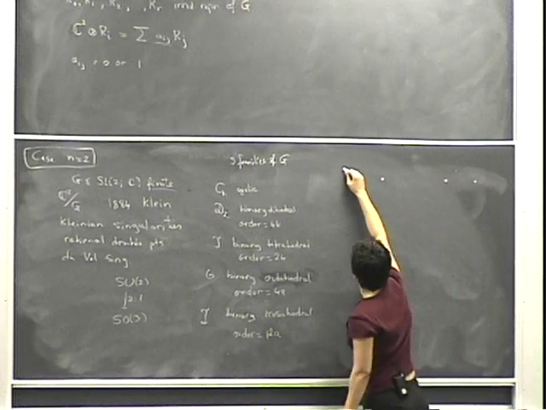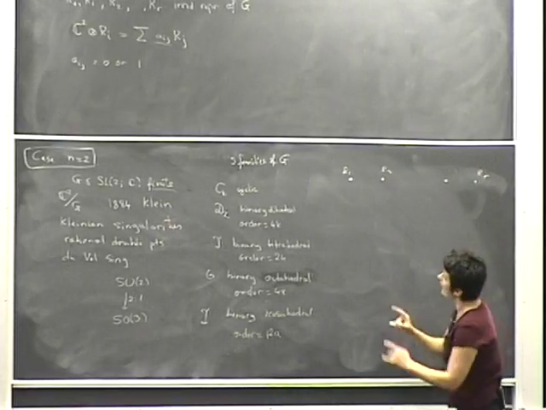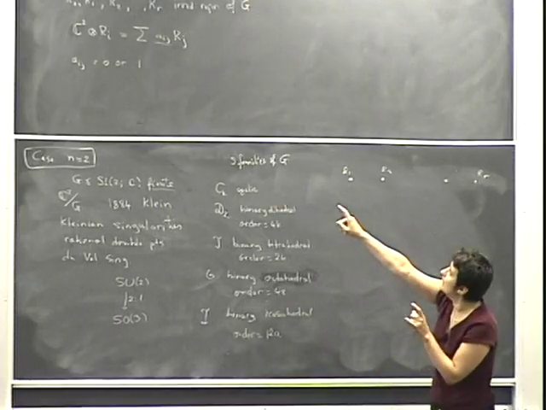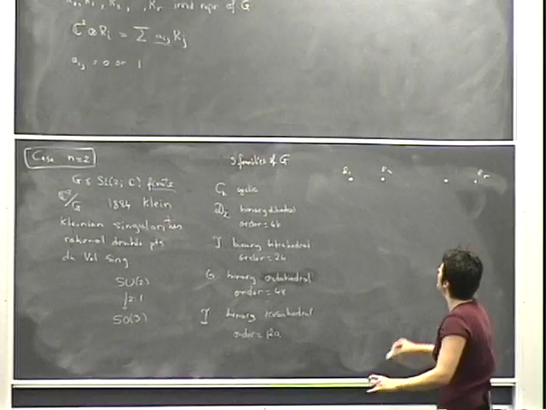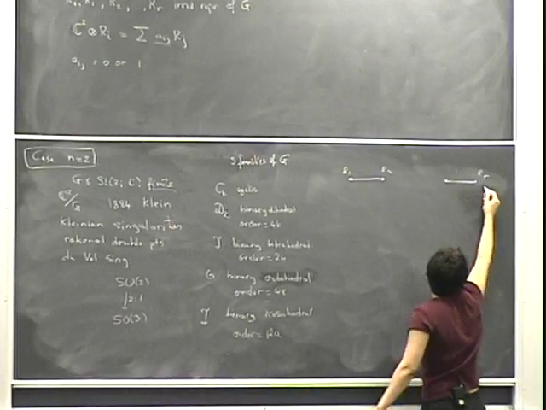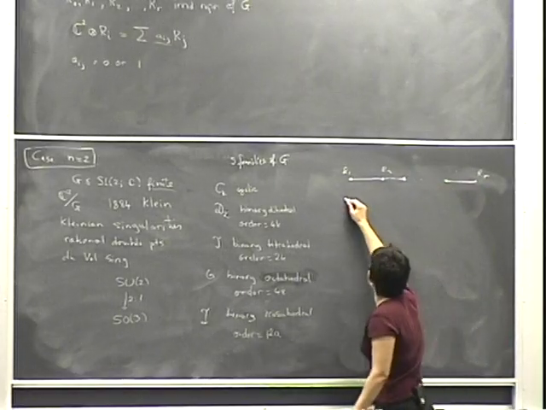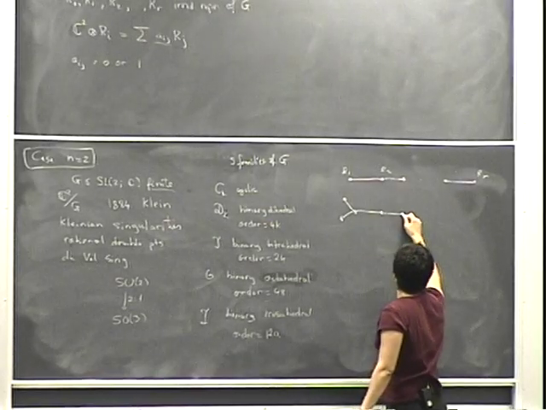So for example, here I have R1, R2, up to Rr. And then I join two irreducible representations with an arrow if the corresponding A_ij is 1. Then what I will get in the cyclic case is something like this. In the dihedral case, I'll obtain something like this.